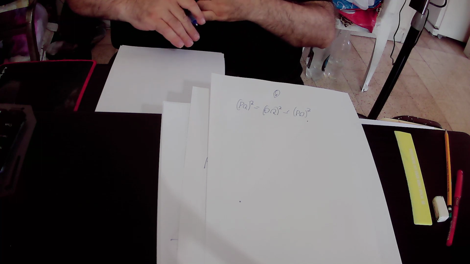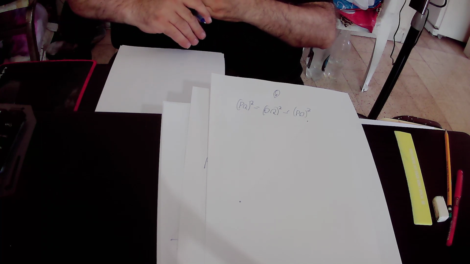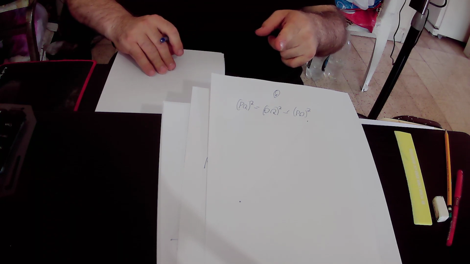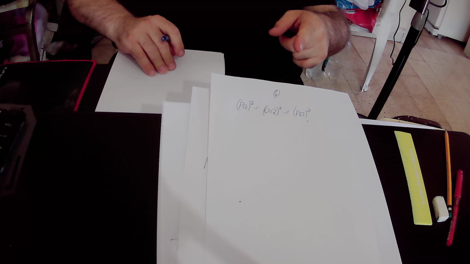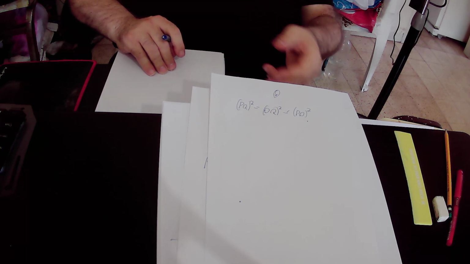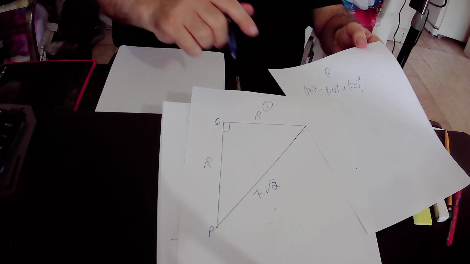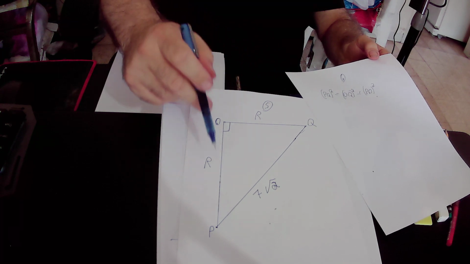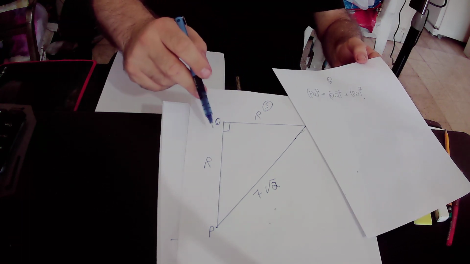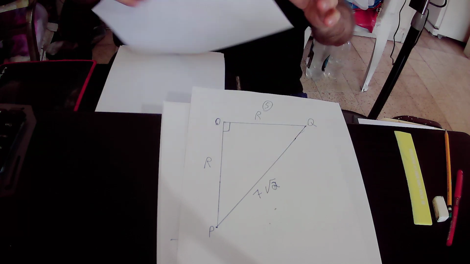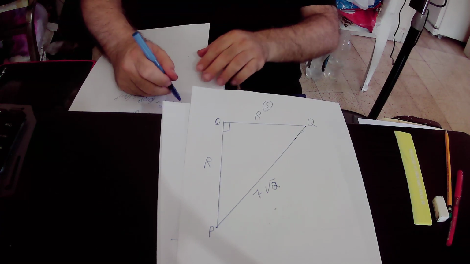PQ square, that is the square of the hypotenuse, equals the sum of the squares of the perpendiculars, that is to say OQ square plus PO square. But we know that PQ equals 7 times root 2, OQ equals capital R, and PO equals capital R, so we can put the data in equation number 2.